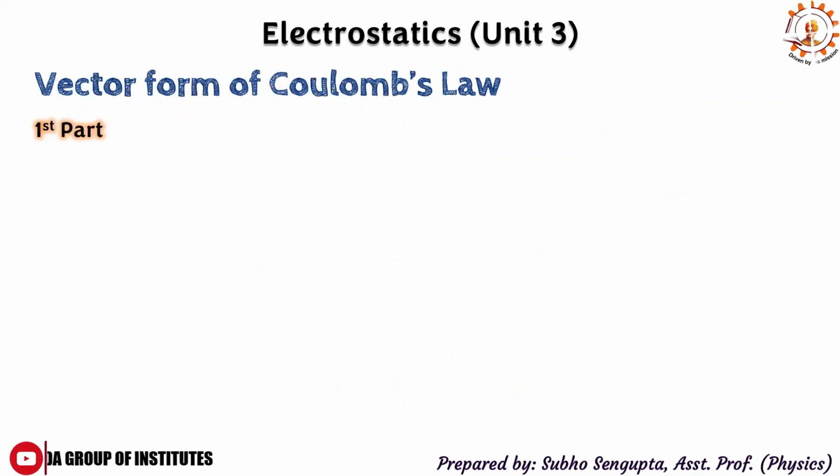Till now, I have only discussed the expressions which enable us to calculate the magnitude of electrostatic force of interaction between 2 point charges. As we know, force is a vector quantity, so, in this section, I will discuss the vector form of Coulomb's law. I will divide this section of the lecture in 2 parts.